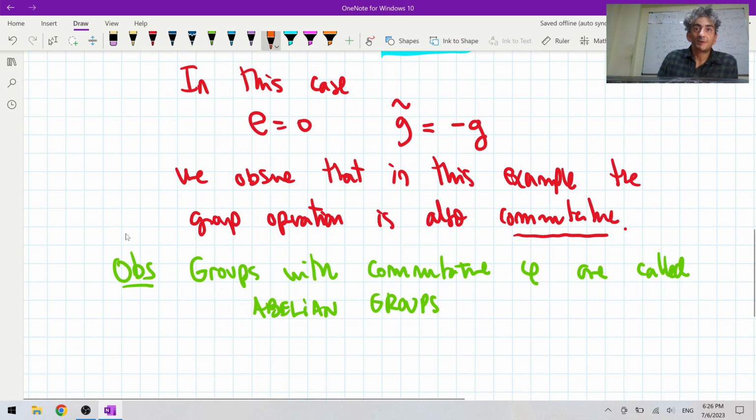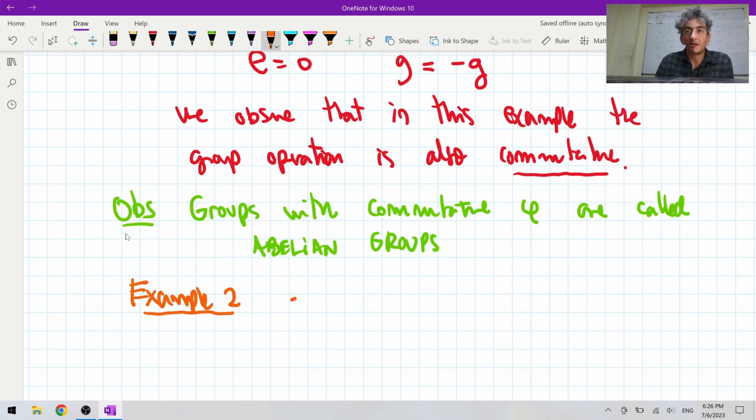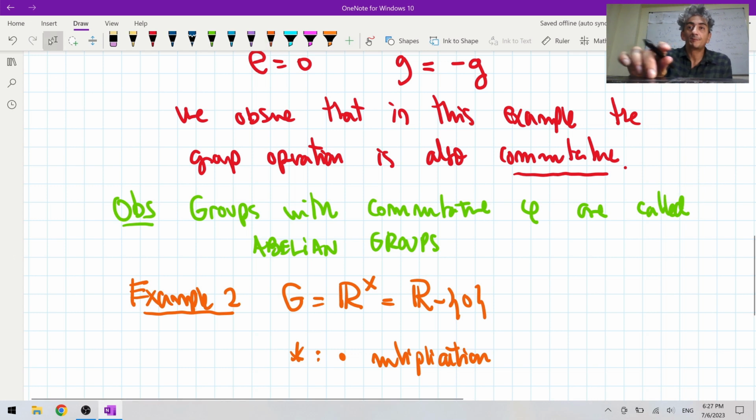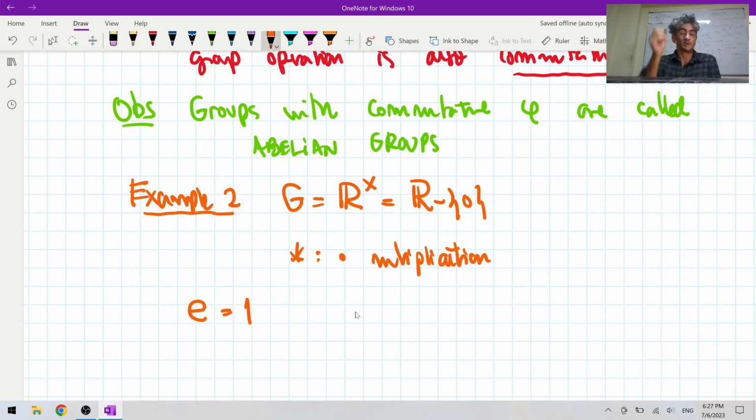Example 2. In this case, let's take G, the real numbers minus 0, R minus the number 0. So this is a subset of the real numbers. And the star operation is going to be simply multiplication, standard scalar multiplication. Now in this case, the neutral element is going to be just the number 1, since 1 times x equals x for every real number x.